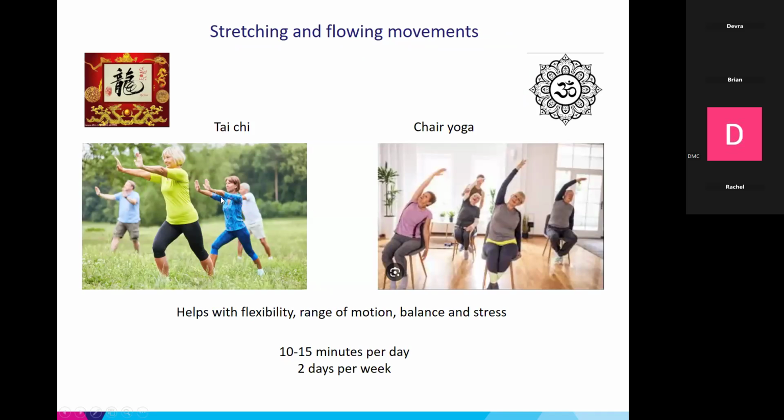You have Tai Chi here on the left, chair yoga, which I think is a great alternative. And I'm not recommending extreme yoga to anyone who's not already a practitioner. Let's just start where we are and go from there. But this can help with flexibility, range of motion, balance, and stress. The recommendation is 10 to 15 minutes per day, 2 days a week.